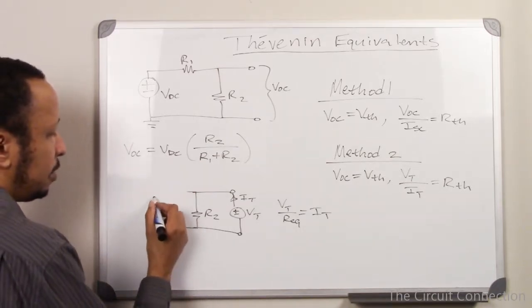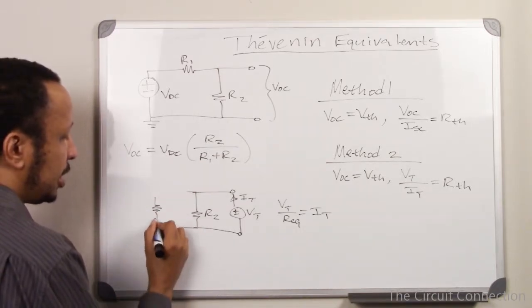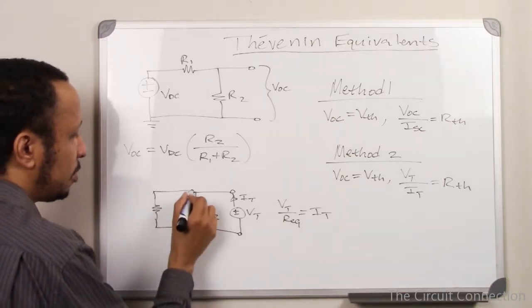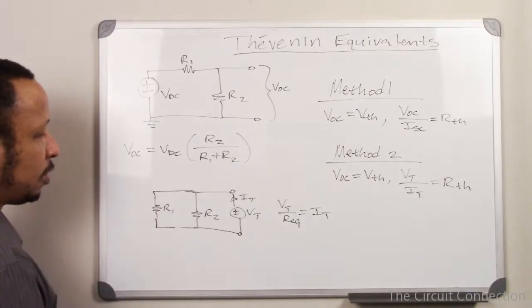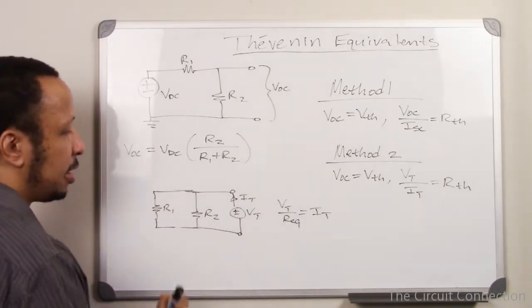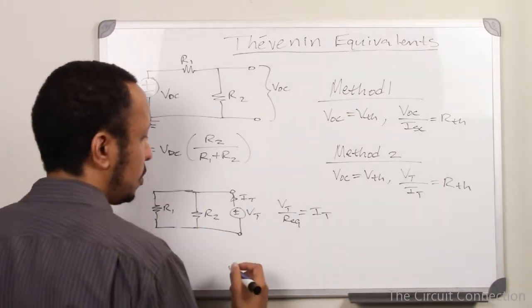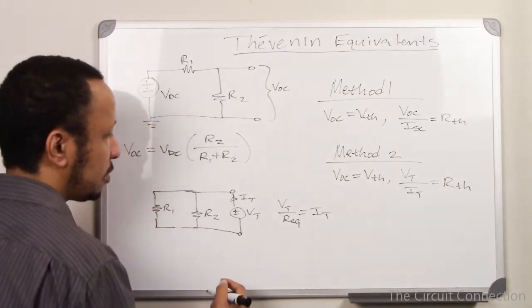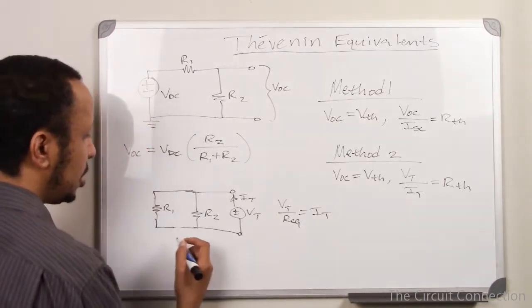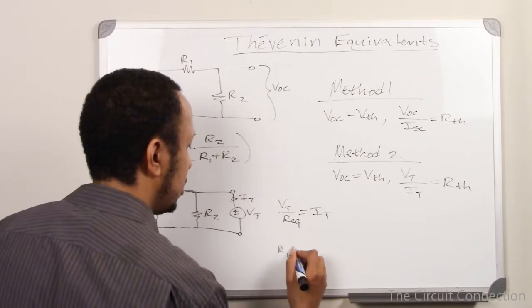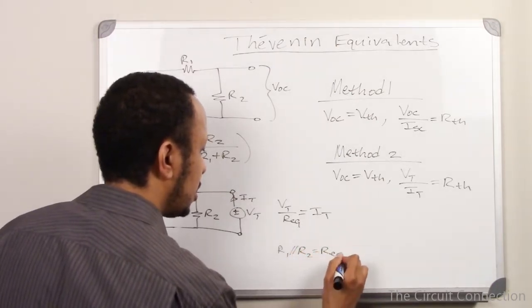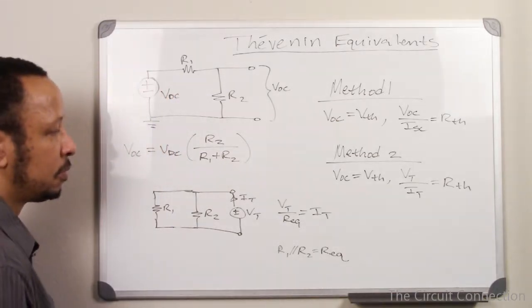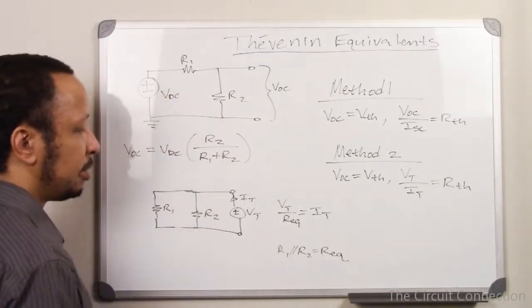We can slide it over to make it more familiar looking, and we can see R1 is in parallel with R2. So R1 parallel to R2 equals R equivalent, and that will give us IT.